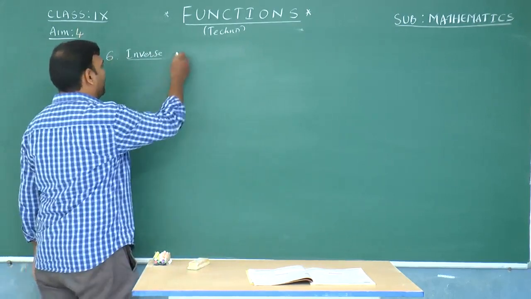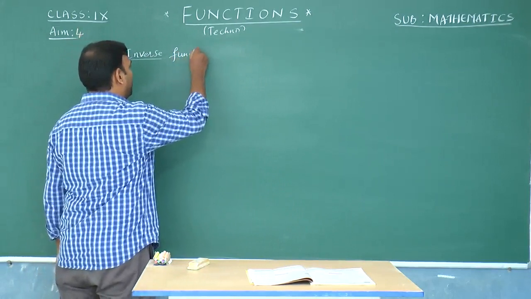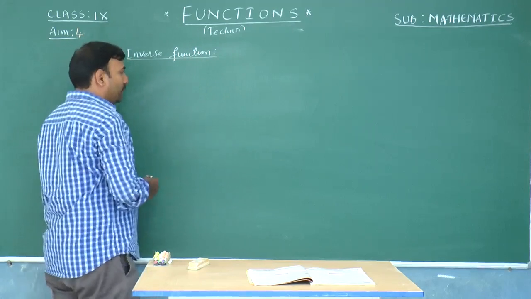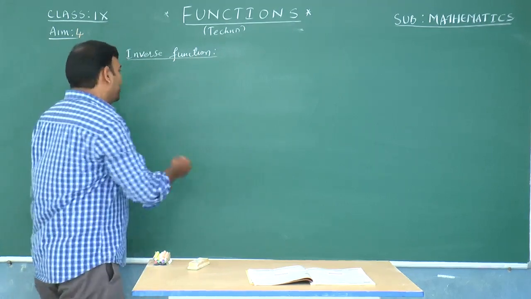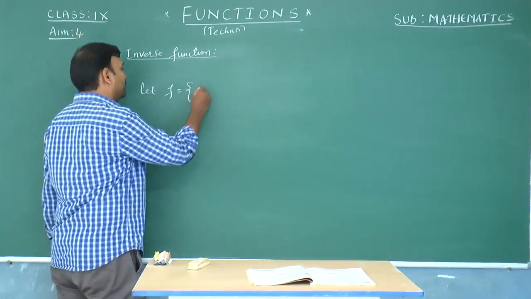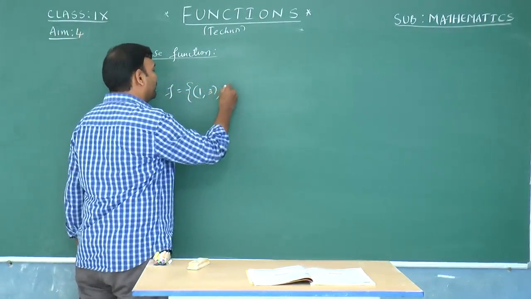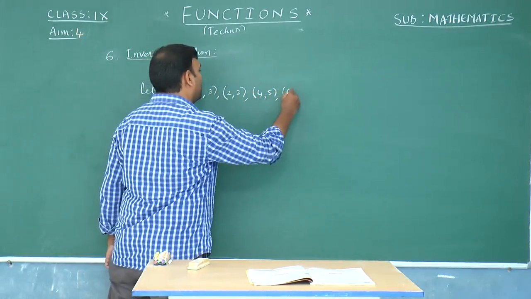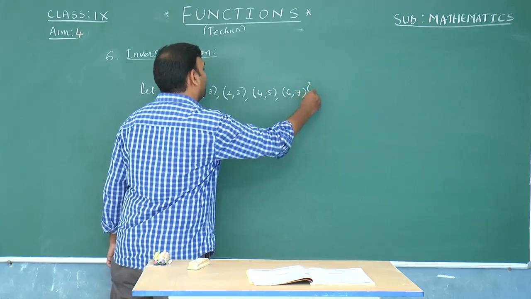The 6th type of function is going to be called the inverse function. So let us suppose that f is a function given to you as (1,3), (2,3), (4,5), (6,7).